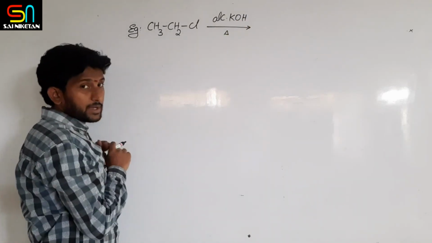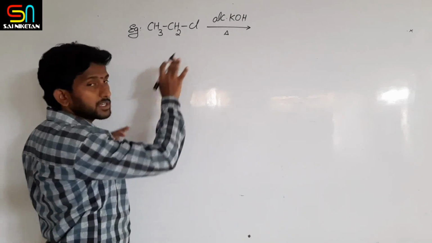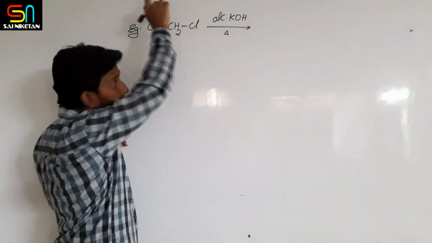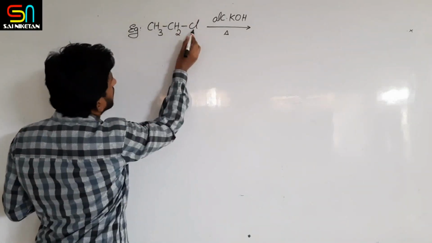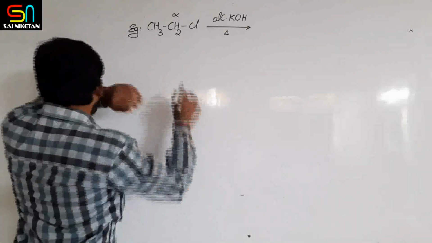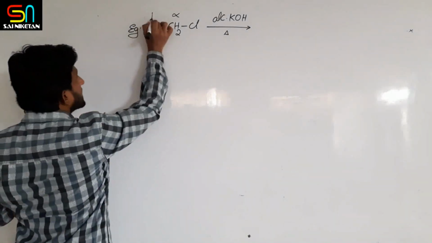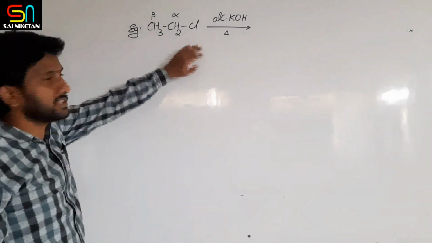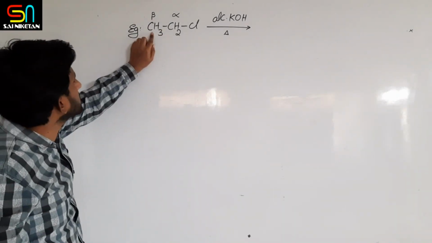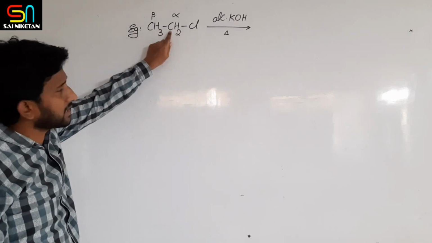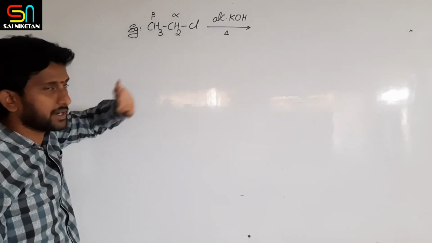Now beta elimination should take place, because it is a strong base you are heating. The chlorine attached carbon is alpha carbon, and the adjacent carbon is beta carbon, right? So what should happen in this elimination? One hydrogen from beta carbon and halogen from alpha carbon must be eliminated.